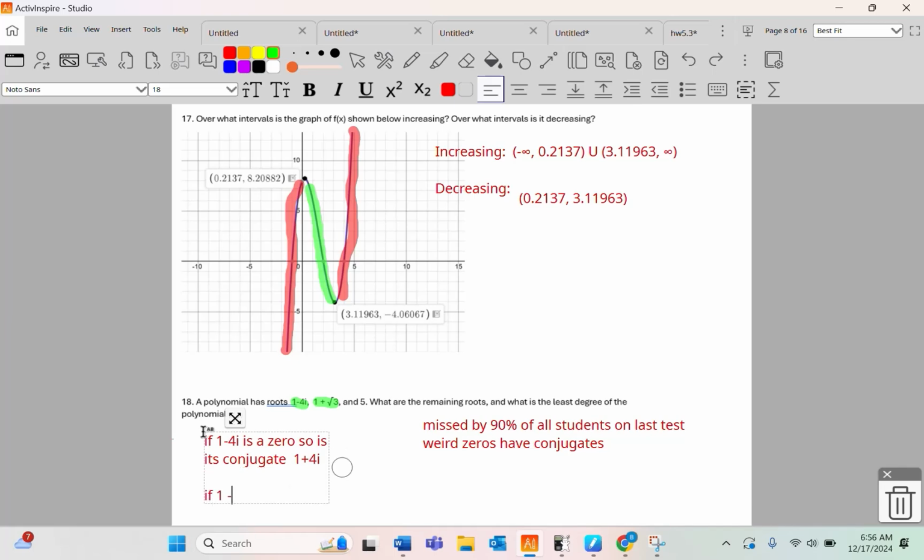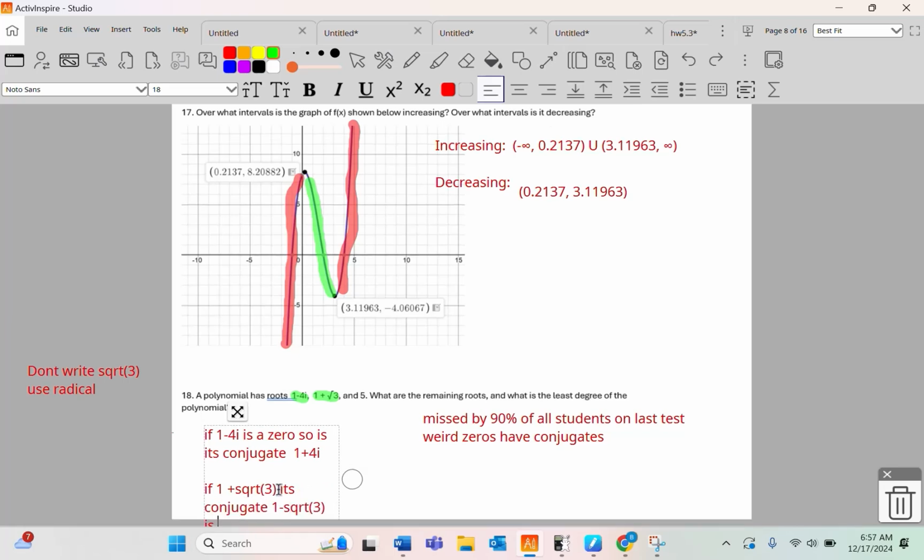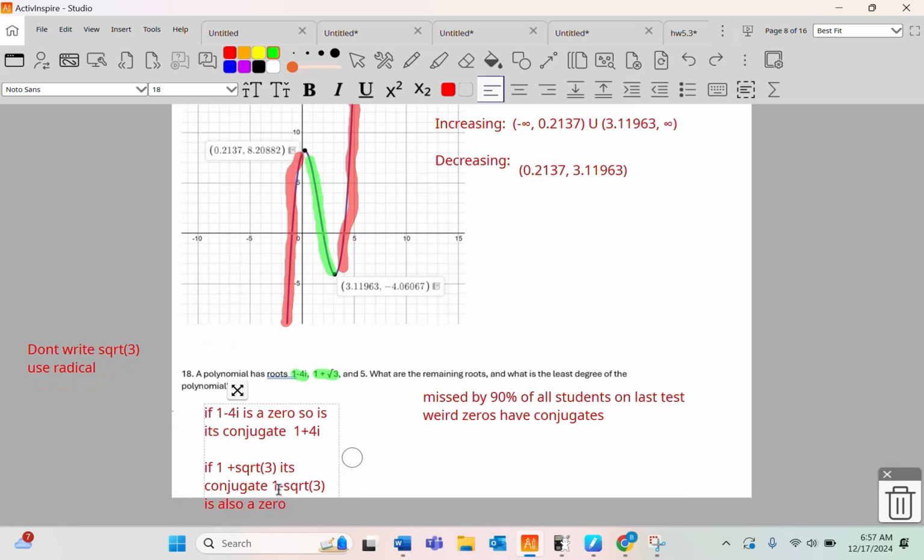And if 1 minus the square root of 3 is a zero, and don't write squirt 3, like don't write that. You literally tell me that you're a blind copier. Use the radical, obviously. Its conjugate, 1 minus square root of 3, is also a 0.